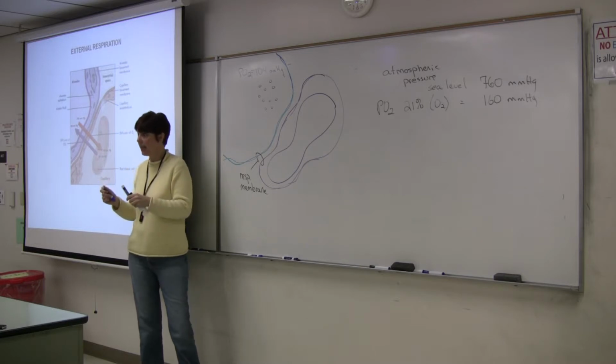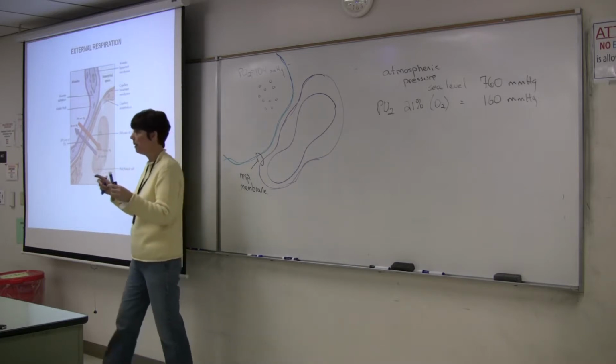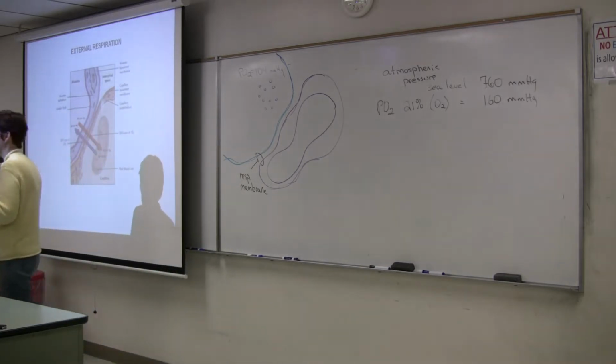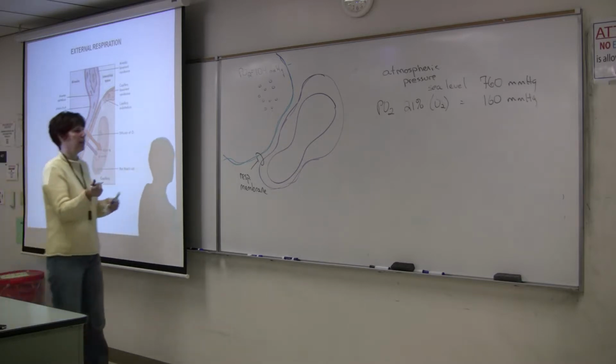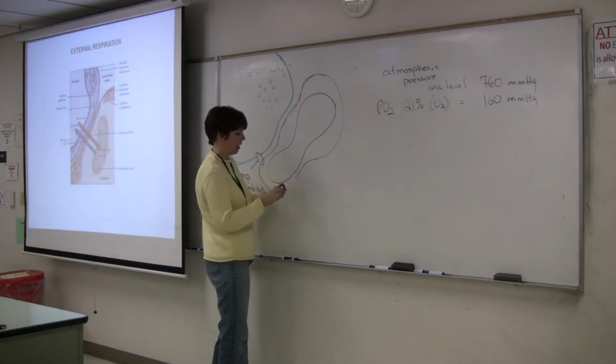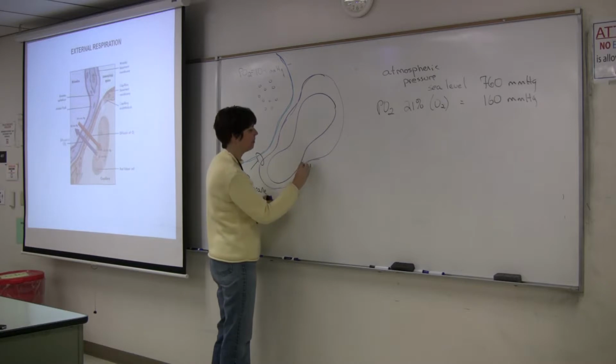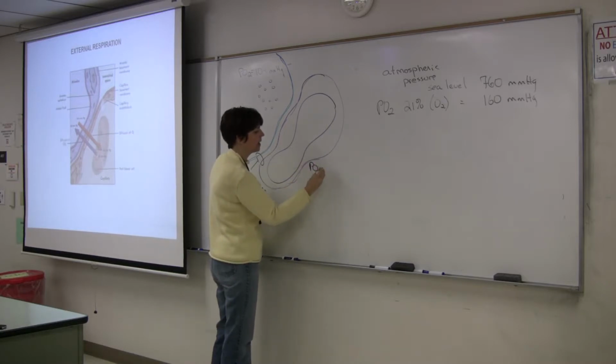Now it says venous blood. So remember, this venous blood is coming from the veins in the body. It's brought to the lungs by arteries. So it's pulmonary arteries becoming capillaries, but it's the venous blood of the body. So you kind of have to keep that in the back of your mind. So the PO2 of venous blood in our capillaries is equal to 40 millimeters of mercury.